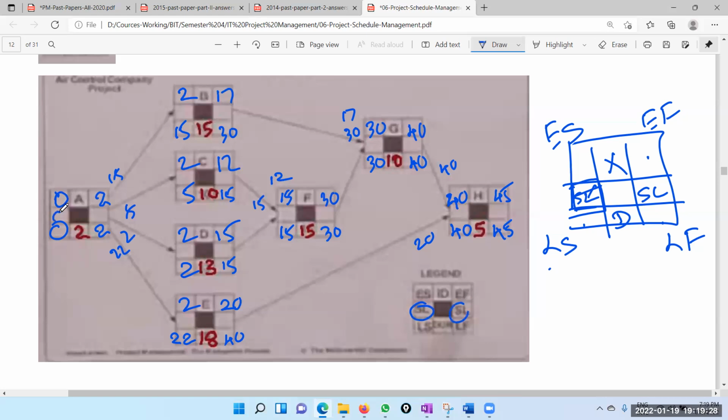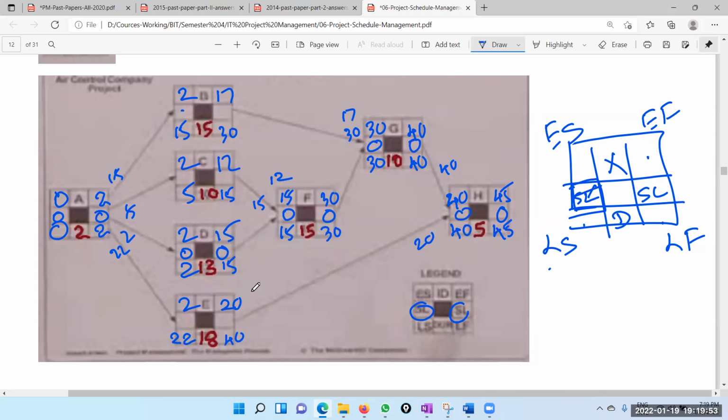So this is 0, 0. This is 0. This is not 0. If you don't have that kind of path, you have made a mistake. Okay. So this is 0, this is 0, this is 0, and this is 0.